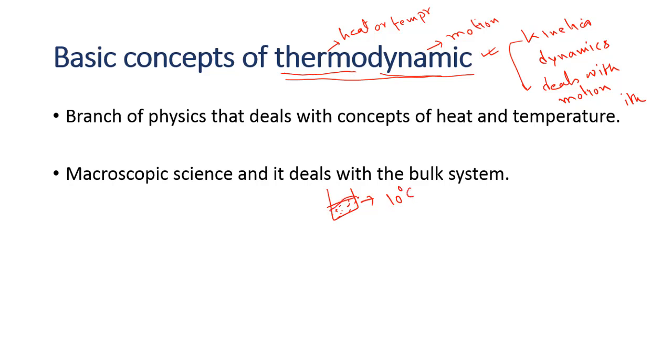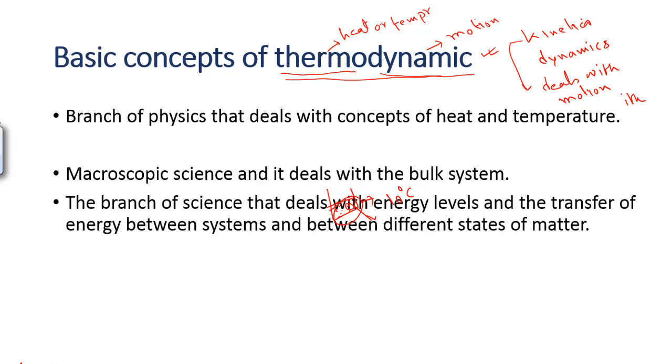So what is the temperature of the water in that case? It is 10 degrees centigrade. We are not going to say what the temperature of a particular molecule is. We can represent the temperature as a bulk system, as a whole. So thermodynamics basically deals with the macroscopic. It does not deal with microscopic things, okay?